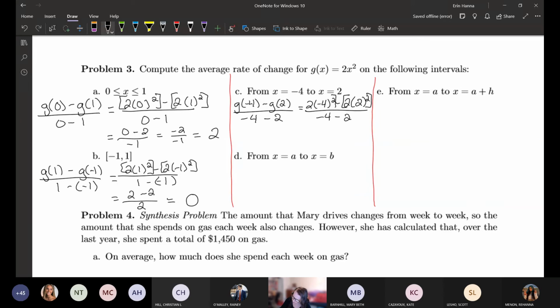Be consistent with my brackets. We would get 32 minus 8 all over negative 6, which will reduce to negative 4, as long as my notes aren't lying to me. Yeah, because that would reduce to 24 divided by 6, yep.